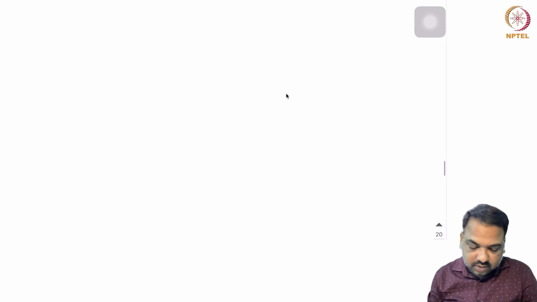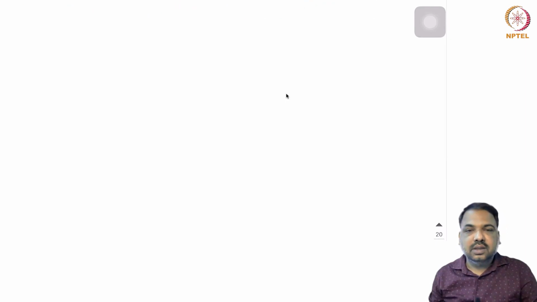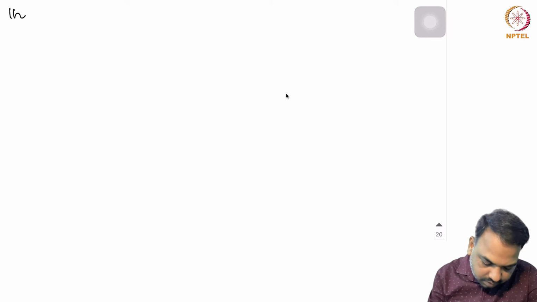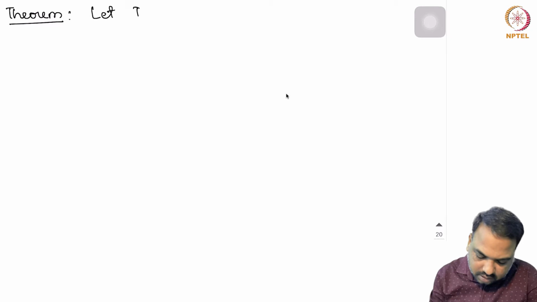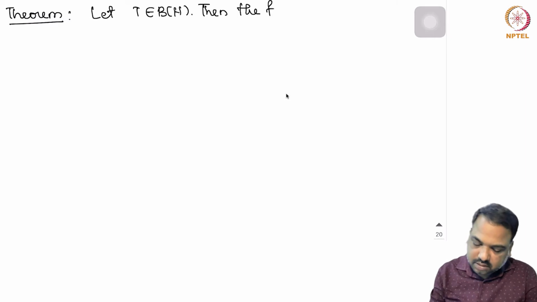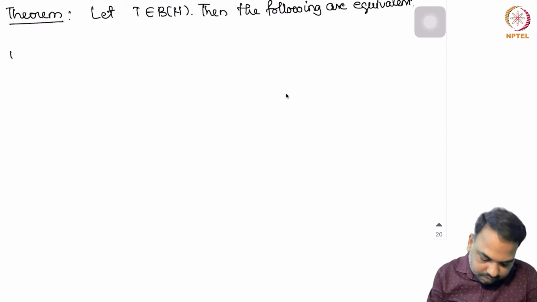Before addressing this question, first we want to characterize isometries, then we can discuss the characterization of unitary operators. Theorem. Let T be a bounded operator on H, then the following are equivalent. One, T is an isometry.